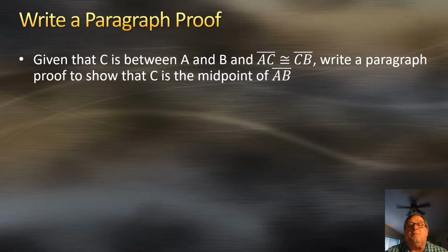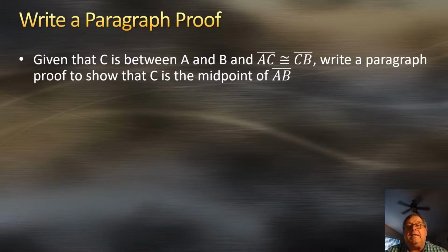Write a paragraph proof to show that C is the midpoint of segment AB. So C is between A and B such that segment AC is congruent to CB, and write a proof statement that shows C is the midpoint of segment AB.